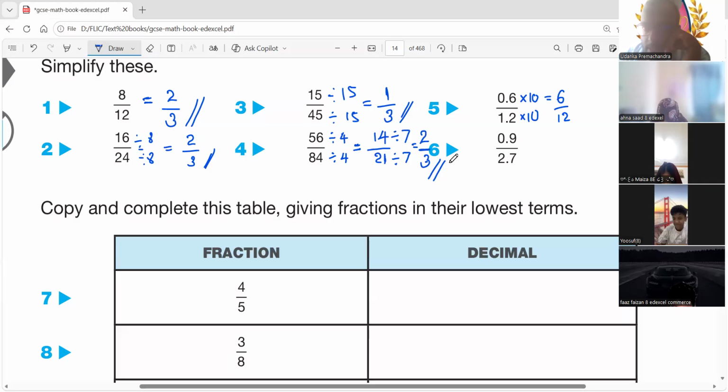Now you can divide both by 6. Yes, 6. So it's 1 over 2. Great. It's 1 over 2.